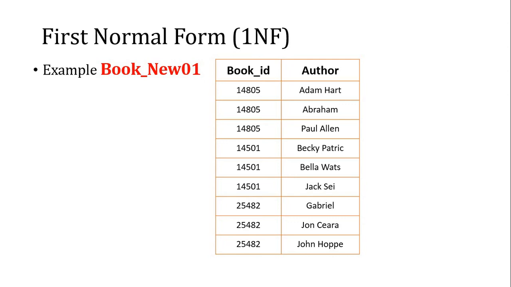So for a book ID there can be a lot of authors. You can ask me, sir, the book ID is a primary key. How can you insert a primary key with different data? Yes, a primary key is a single one, but it can contain different types of data.